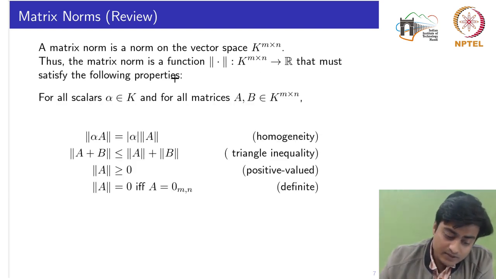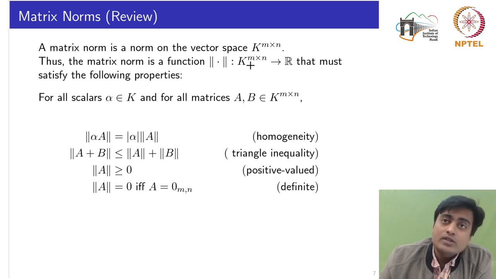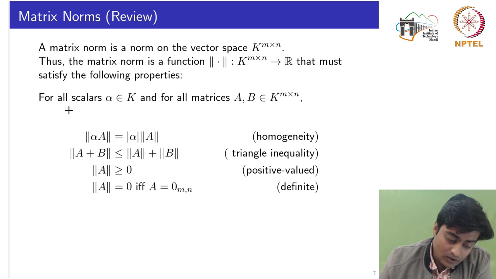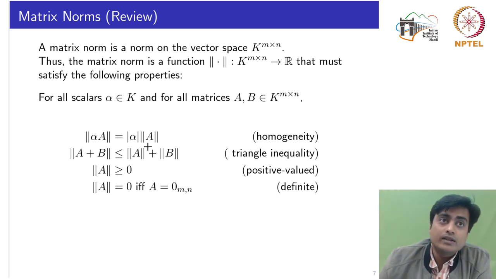So the matrix norm is a function defined such that an m cross n dimensional space can be mapped into a scalar value that must satisfy the following properties: for all scalars alpha belonging to the field K, and for all matrices A, B belonging to the dimension m cross n. First is the property of homogeneity, meaning that the norm of the multiplication of the scalar alpha and the matrix is equal to the absolute value of alpha times the norm of the matrix.